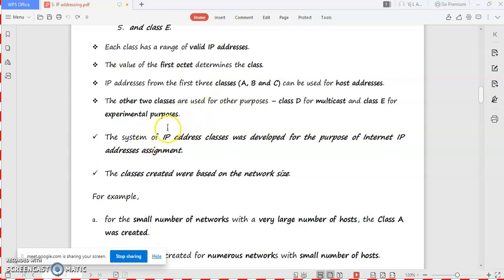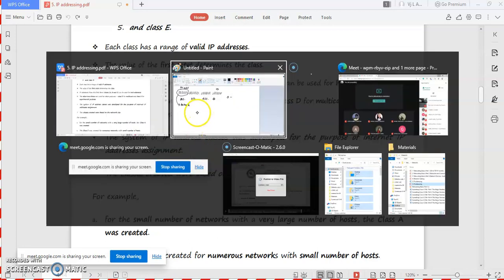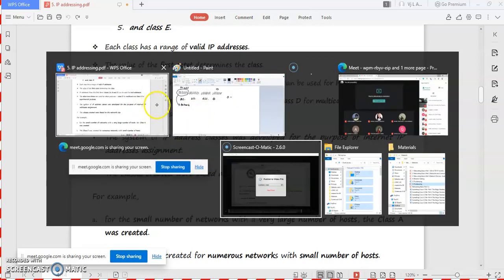The system of IP address classes was developed for the purpose of Internet IP address assignment, and the classes created were based on the network. If your network size is big, you need to look for the class of IP address to use.